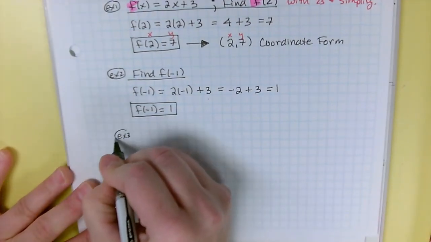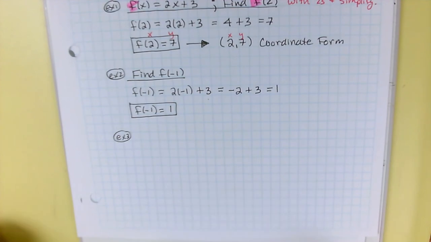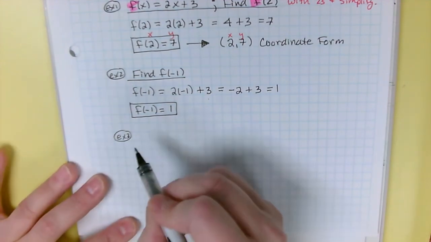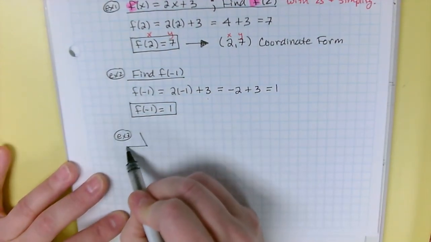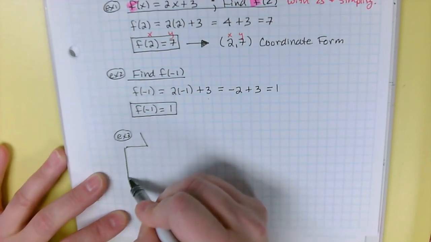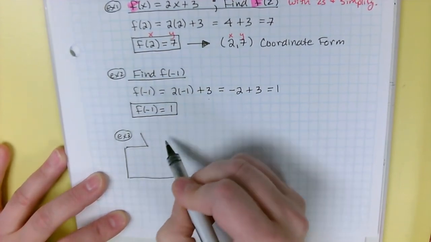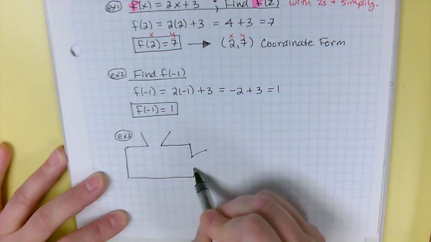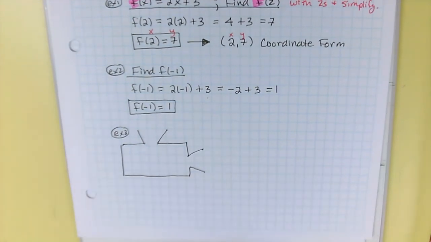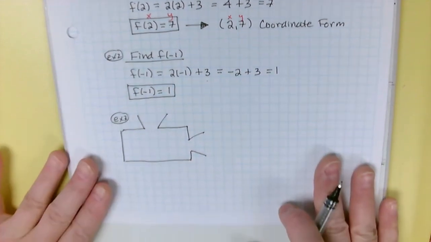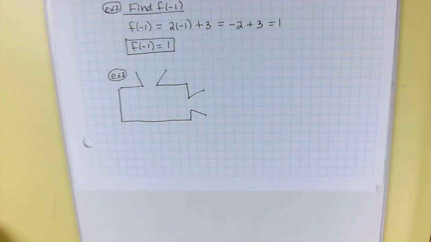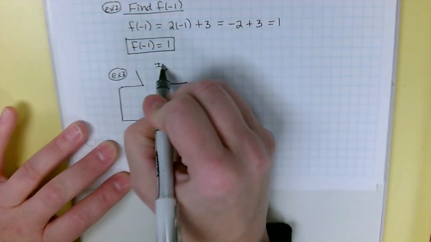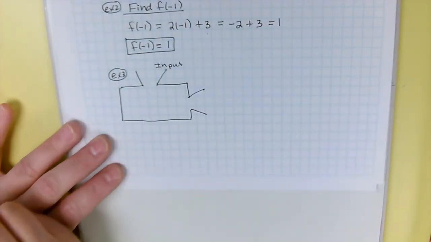All right, last one. For some odd reason, they do this input-output chart. So it always throws people. So it's kind of like drawing a rectangle with a little funnel at the top and a little funnel out the right side. And the way it works is the input comes from the top.